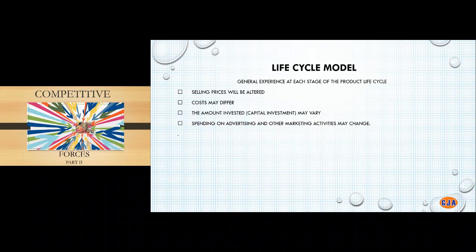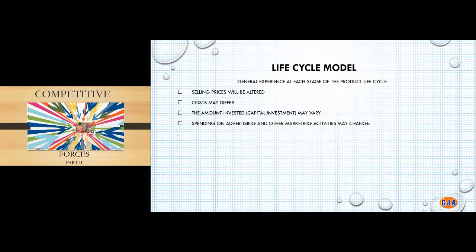Generally, during the introductory stage, we will have to buy a lot of equipment and the like, hiring this, hiring that, purchasing that. But after that time, it will stabilize and it will be different from what we were expending before. So these are some of the general experiences that producers of a product will experience.